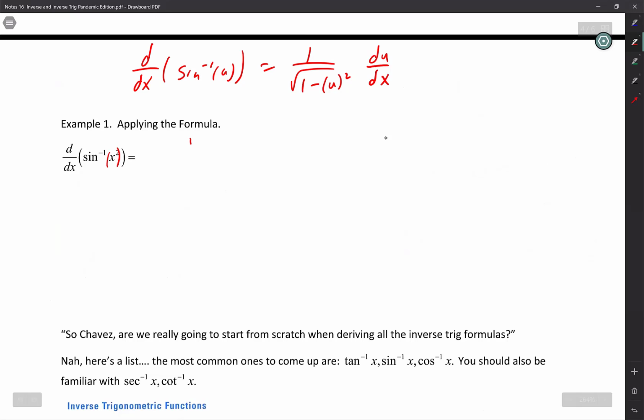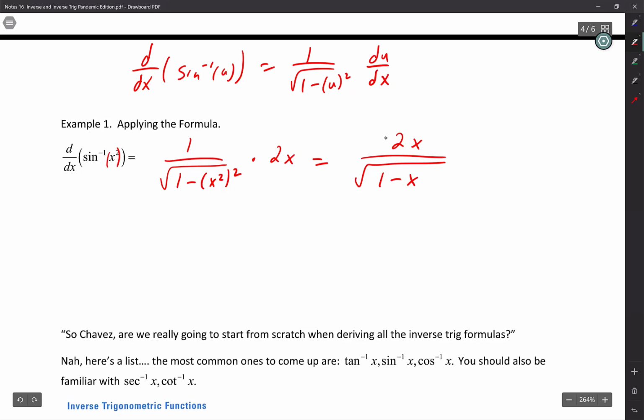So 1 over the square root of 1 minus x squared, squared, times 2x. 2x over the square root of 1 minus x to the 4th. If it's a free response question, you can leave it alone like that. On the multiple choice, they're going to be doing a lot of algebra.